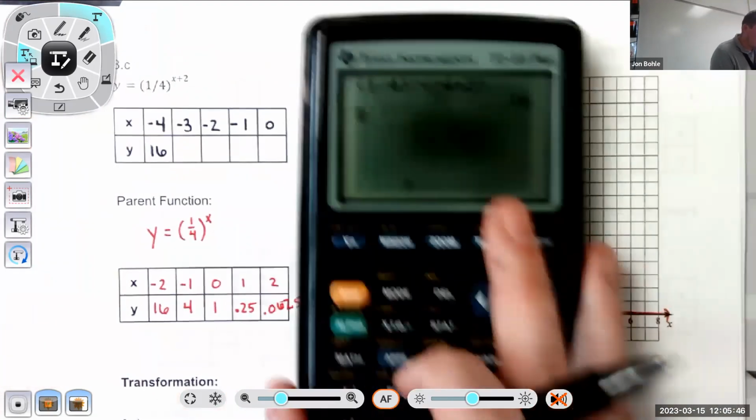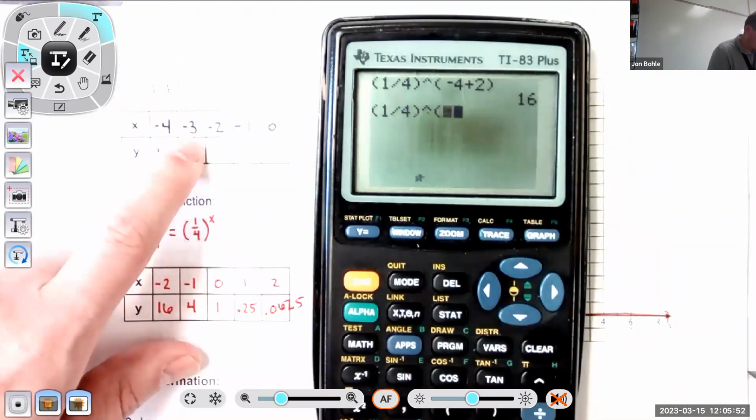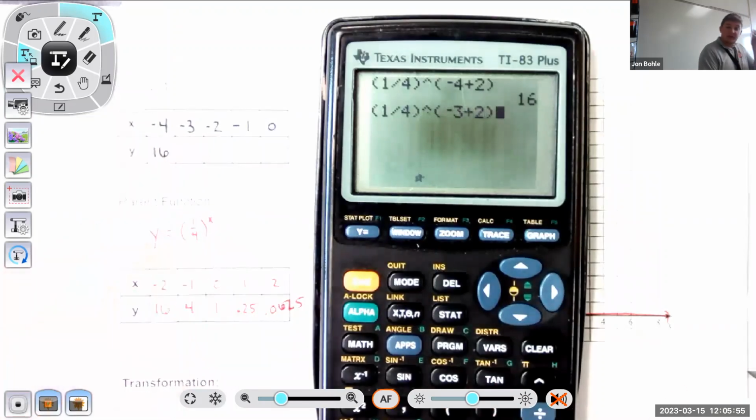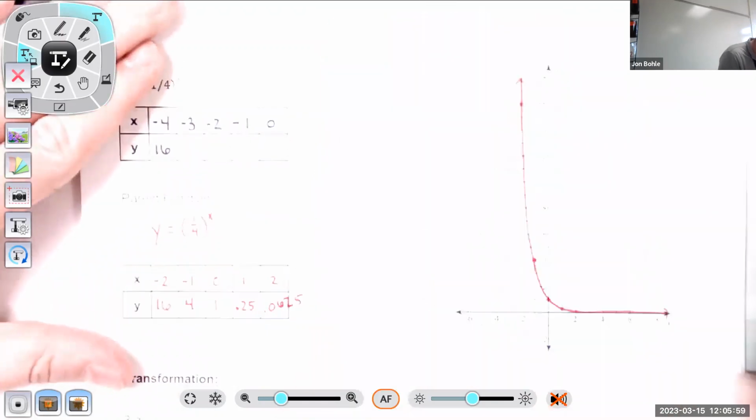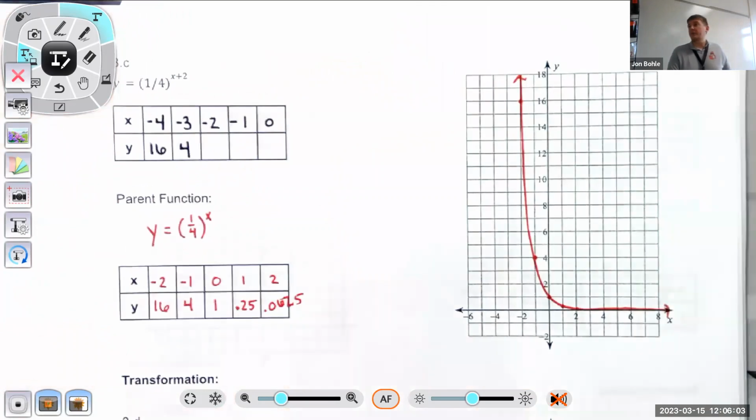Now I'm going to do the exact same thing. 1/4 to the, but instead of -4, now I'm doing -3. Then I enter, and I get 4. And I'm starting to realize that 16 then 4 look pretty familiar.